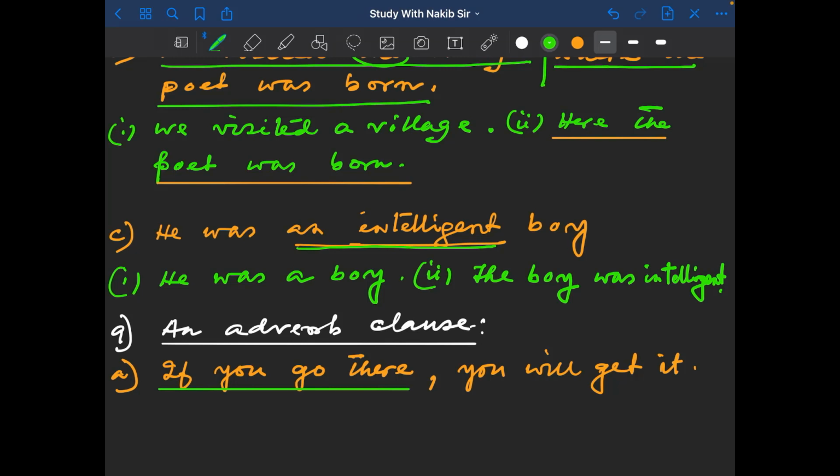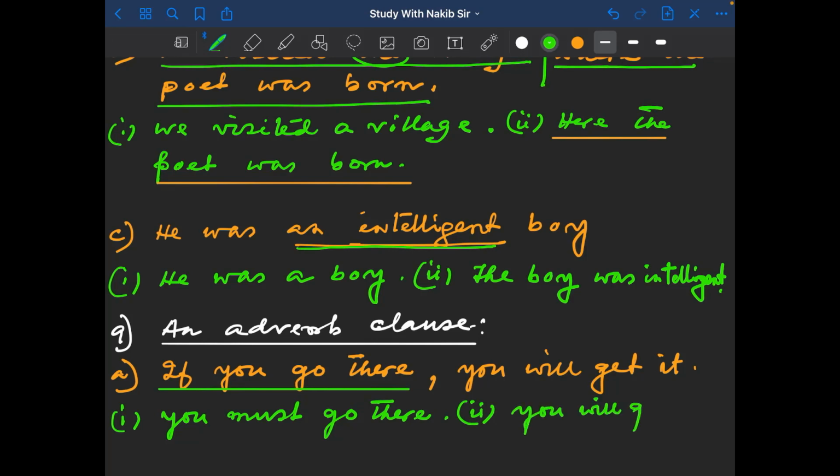See this way. Number one, if you go there, you will get it. So you will get it, and if you go there, that means you must go there, right? You must go there. This is the condition. And number two, in that case you will get it.